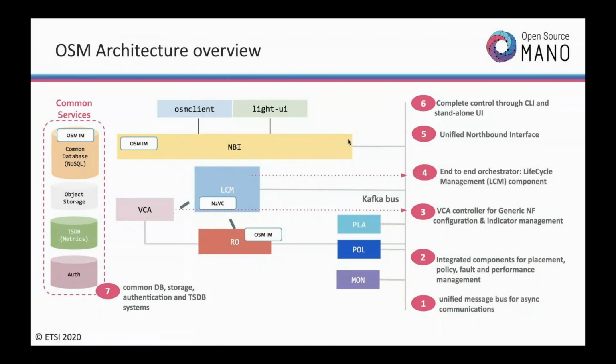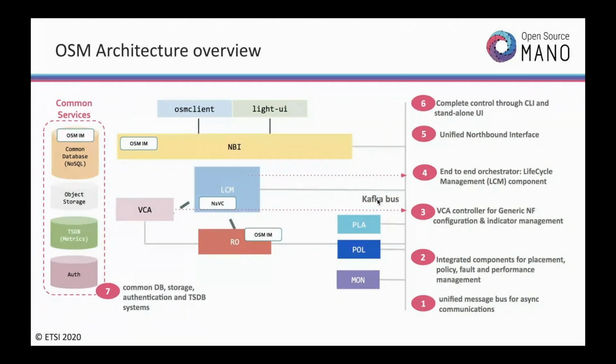An example would be, you want to instantiate a VNF or get a metric from the system, and the NBI component, which is the one that exposes the API, can leave that message on the bus, and the components subscribed to that topic, because the messages in a bus are organized in topics, take action and deliver a response.